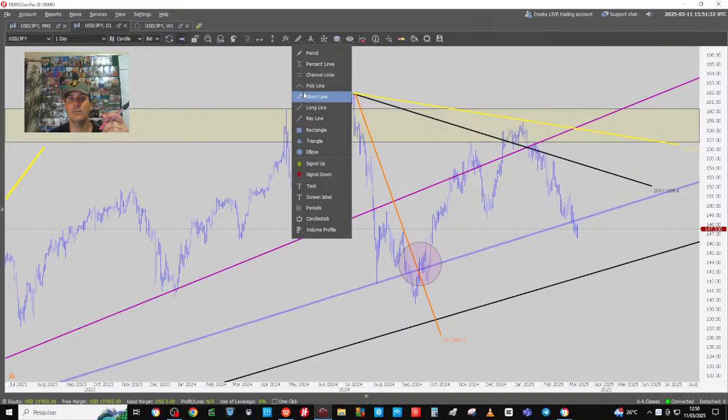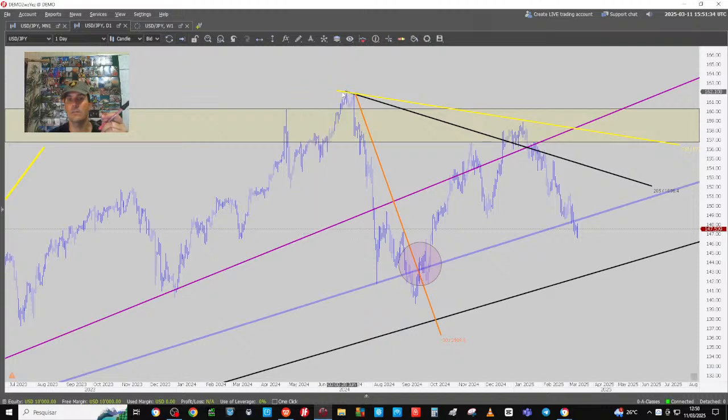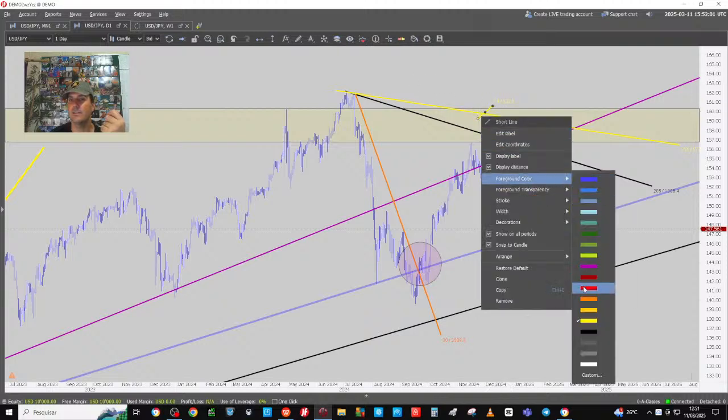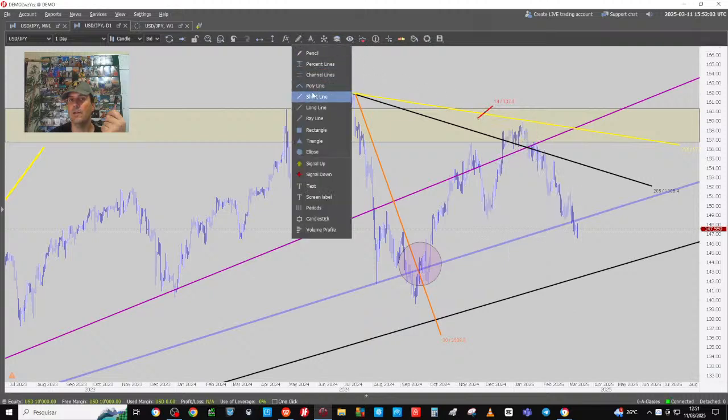And now I need to look at the yellow and the black and say, all right, which one is right, which one is wrong, because the downtrend line confirms the downtrend. The black. What if I tell you, everybody, that the yellow one is wrong? The yellow is wrong, not the black.